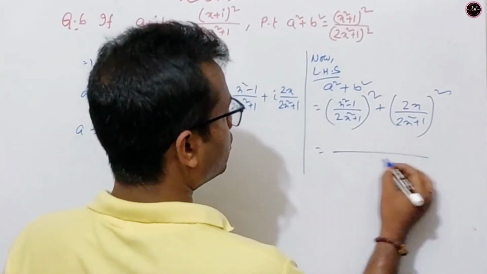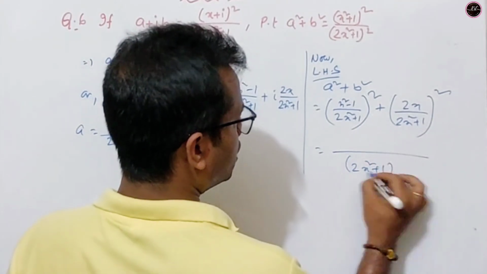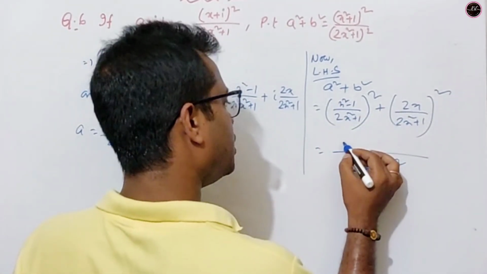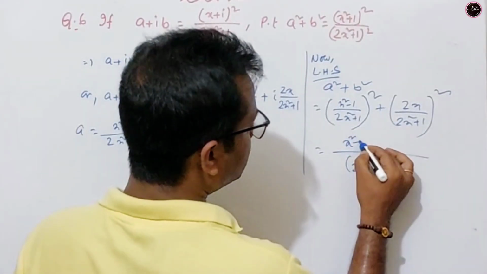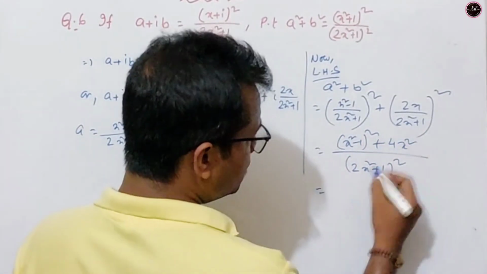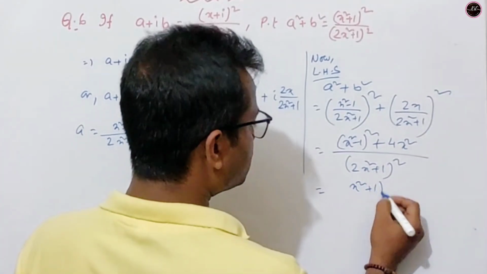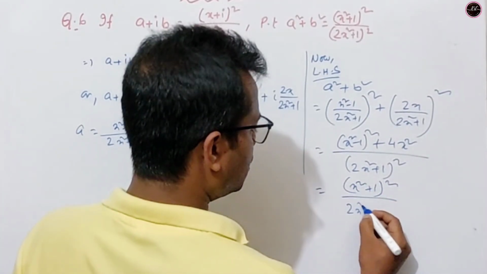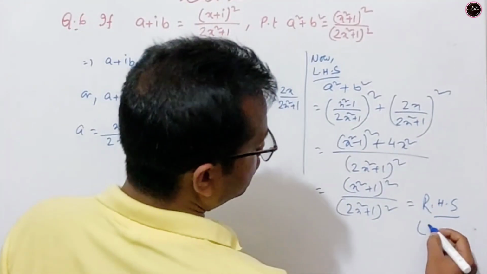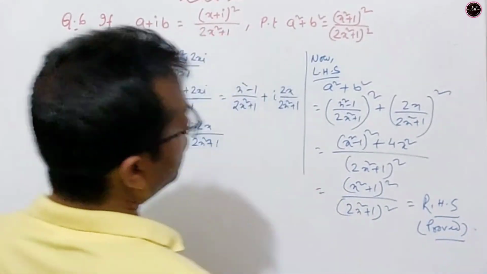Now LCM between these two we get x square plus 1 whole square. No need to square that, just write x square minus 1 whole square plus 4x square. This is the formula of x square plus 1 whole square divided by 2x square plus 1 whole square, equal to RHS. Okay.